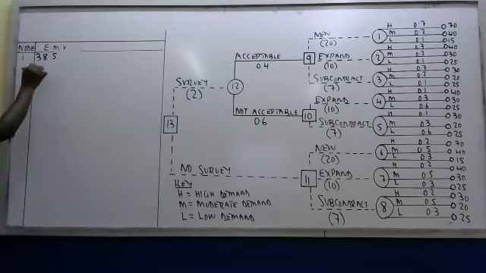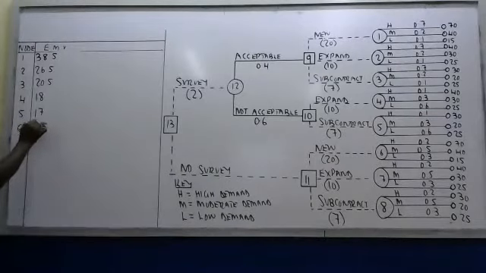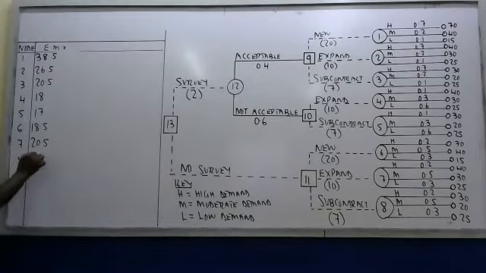Number two, I have 26.5. Number three, I have 20.5. Number four, I have 18. Number five, I have 17. Number six, I have 18.5. Number seven, I have 20.5. And number eight, I'm getting 16.5.